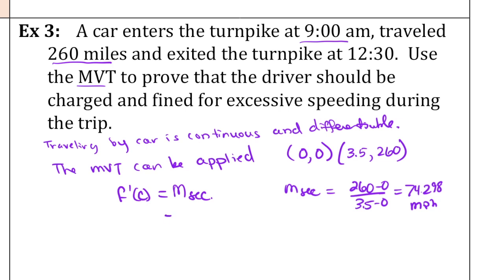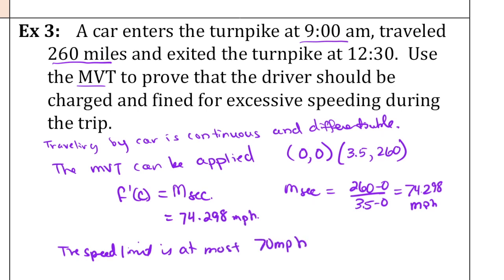Go back to your mean value theorem idea. Since the average rate of change is 74 miles per hour, the instantaneous rate of change must have been 74.298 miles per hour at least once. The speed limit is at most 70 miles per hour.